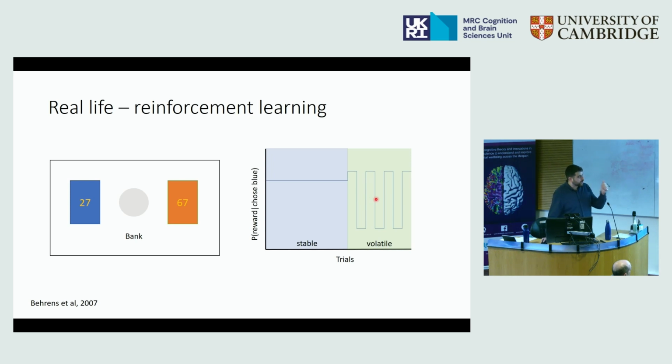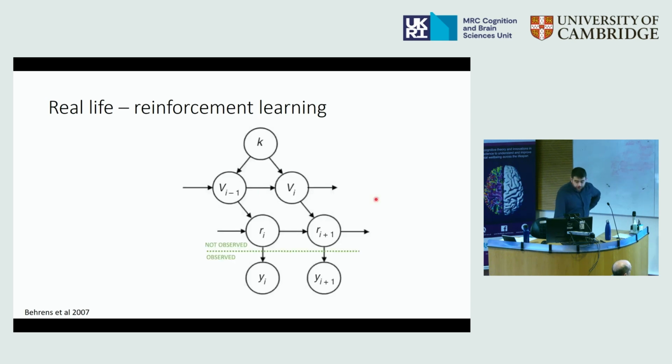So we've got our changeability, our meta-changeability, and our hidden state. Just to complete this metaphor, this is the same graph as before, but now the variables have different meanings. Y is whether blue or orange wins. R is the reward rate on blue, so the probability that you win given blue. V is still the changeability, and K is still the meta-changeability.